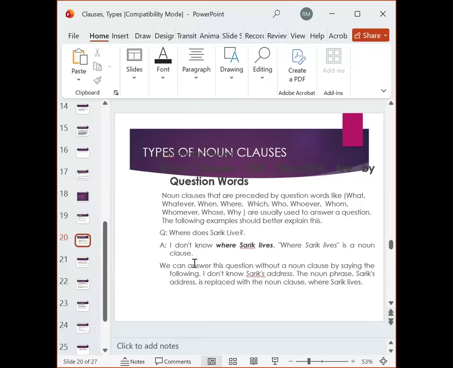Whatever she does is none of my business. These are all nominal clauses. These are all nominal clauses, but they begin with WH or not. So always look at the context it has been used in before you determine its clause type.